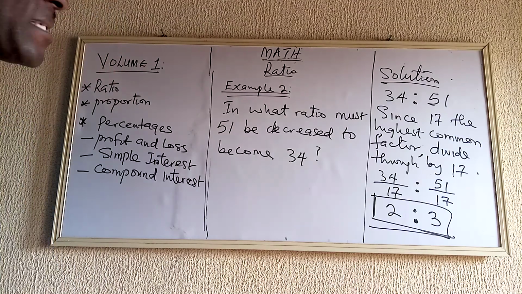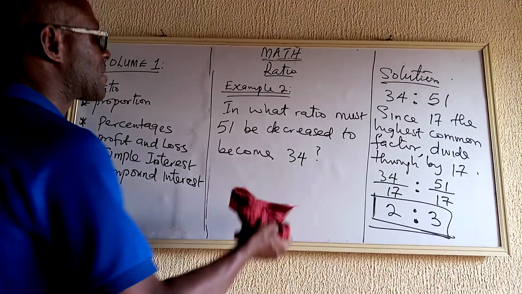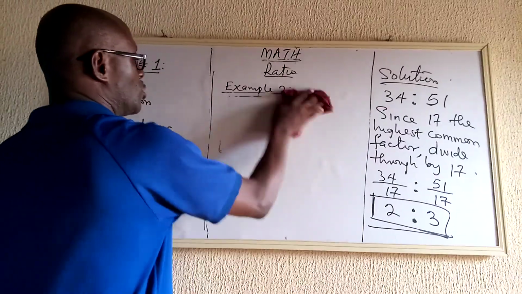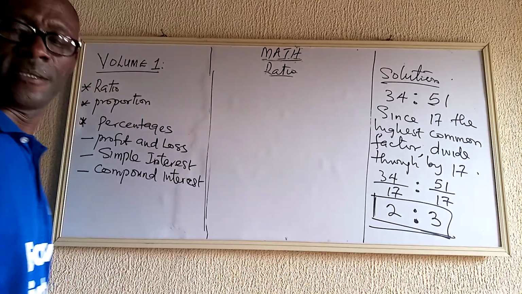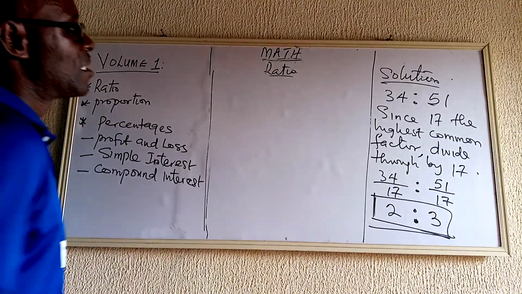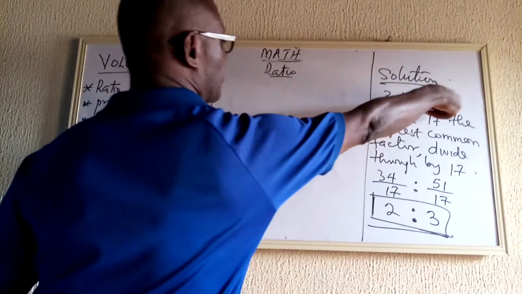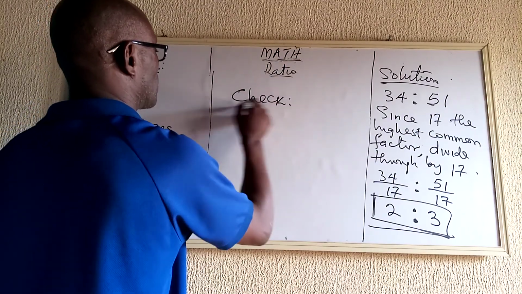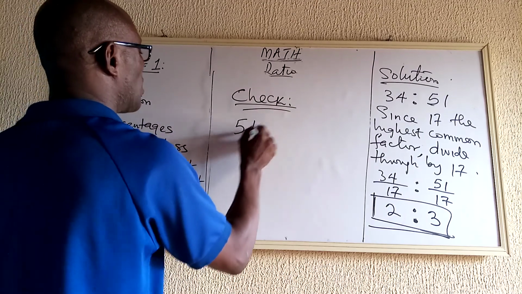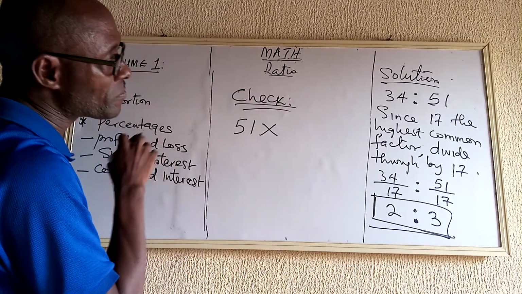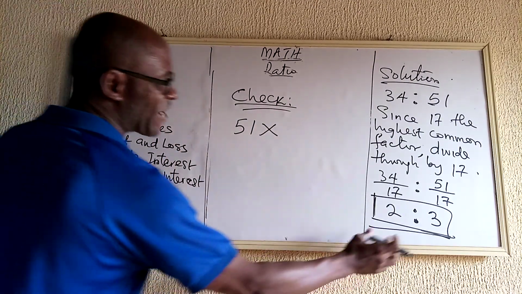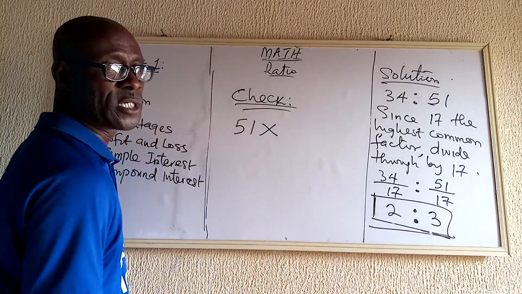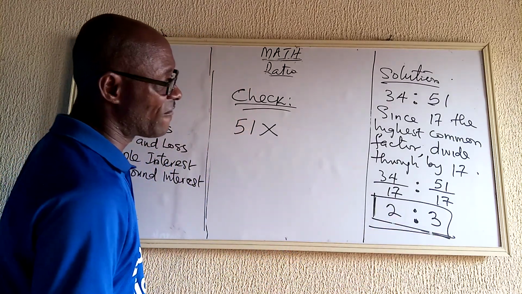If you want to check this to know whether you are right or wrong, you do the same thing we did the other time. The given number is 51. Check: 51 times, then you write the ratio you got in form of a fraction.